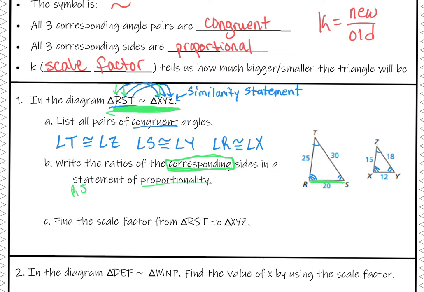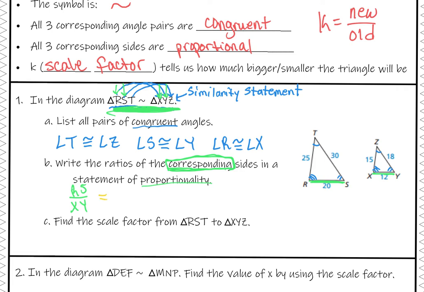Well, our first and second letter on the other side is XY. So RS corresponds with XY. And we write it like this because remember, when we're looking at our sides as a proportion, proportions are dealing with fractions, right? So RS corresponds with XY. I'm going to use different colors for this.